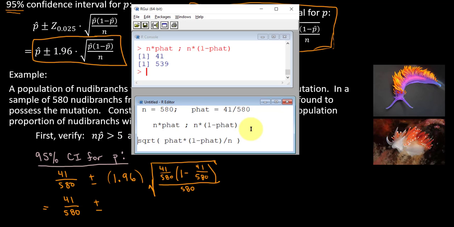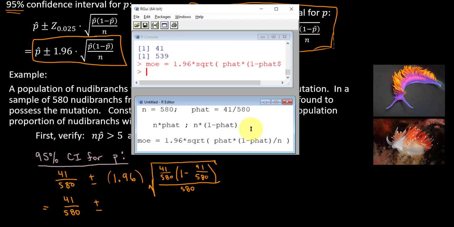I'm going to multiply that by the critical value of 1.96, and this will be our margin of error. I'll call it ME, margin of error. Let's take a look at the value for ME. About 0.02085. Okay, I'll keep that handy.